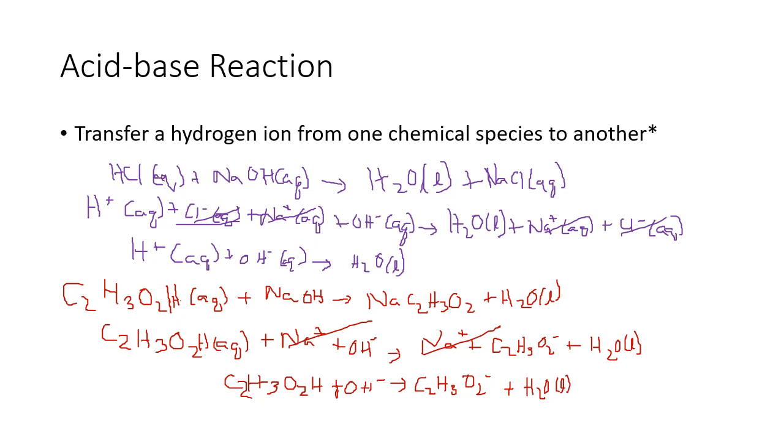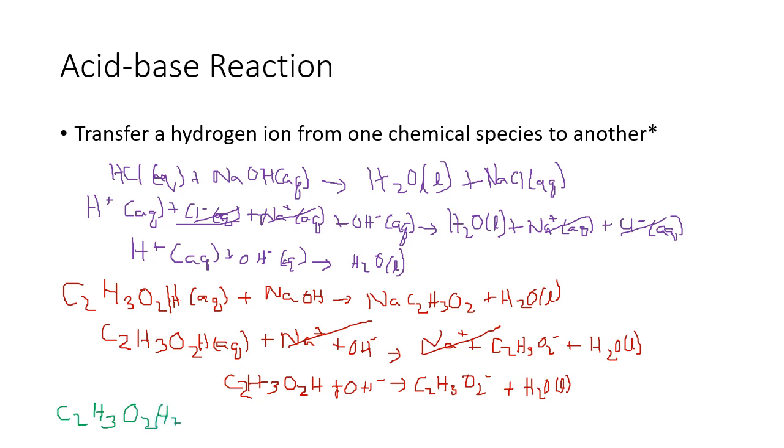Okay, so let's do one final one, our weak example. So we will do acetic. We'll change colors just to make these visually different. Let's do C2H3O2H again.